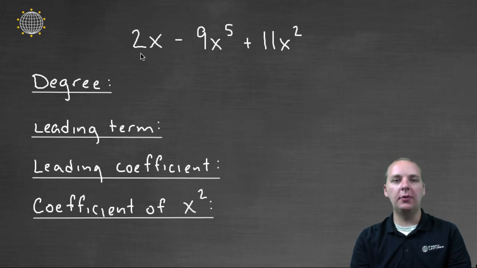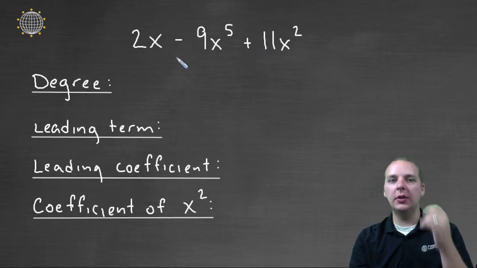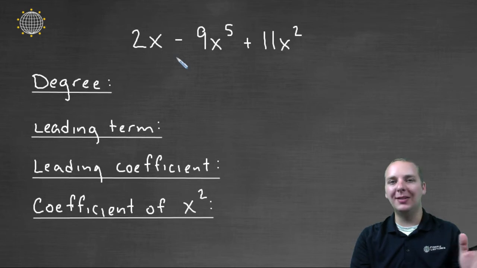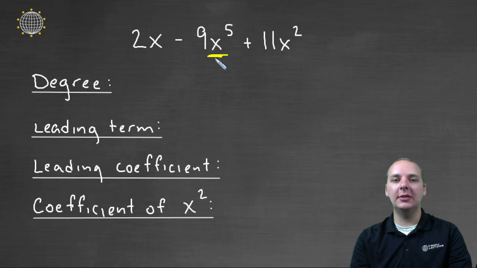All right, here we go. We have 2x minus 9x to the fifth plus 11x squared. Now one thing catches my eye right off the bat. These are not written in the typical order. We usually write these in what we call descending order, which means from the term that has the highest exponent on down to the lowest.